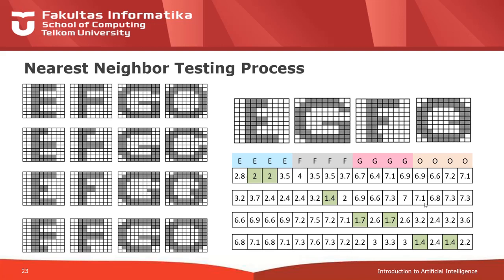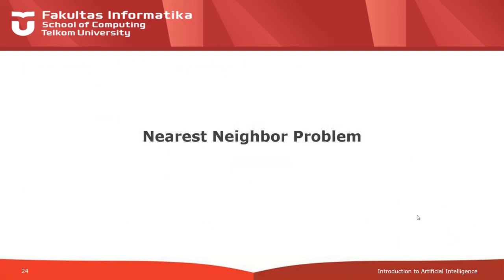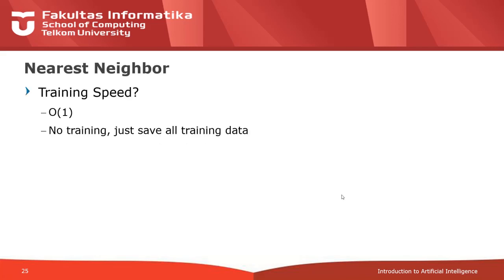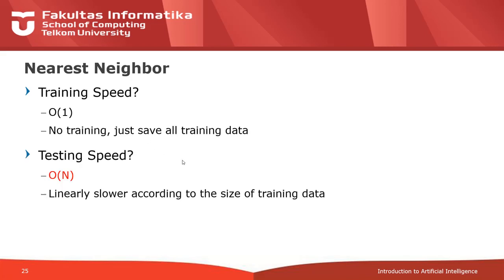So in this case, it's closest to the O, okay, 1.4. But is there a problem with nearest neighbor? The training speed is basically no training because we just save all of the training data to the storage.